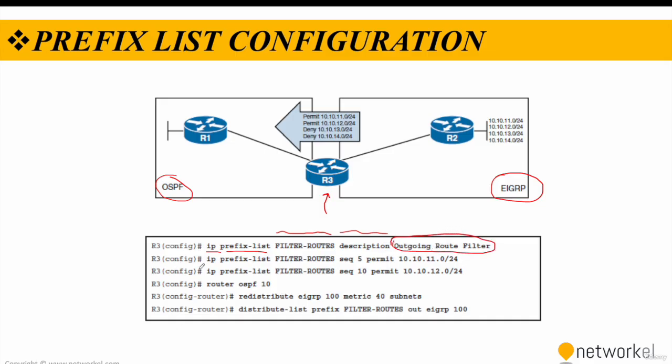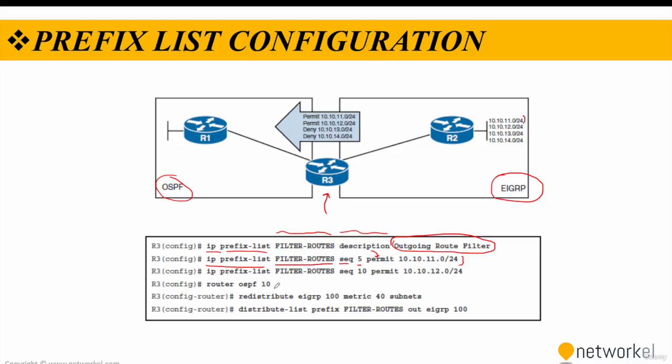Then I am defining my prefix list statements. The first statement is ip prefix-list filter routes, sequence 5. That is the first statement for my prefix list. It will permit 10.10.11.0/24, which is one of the routes here.